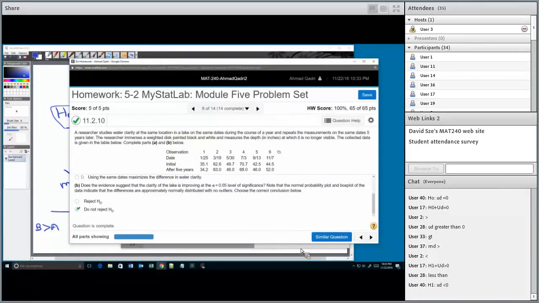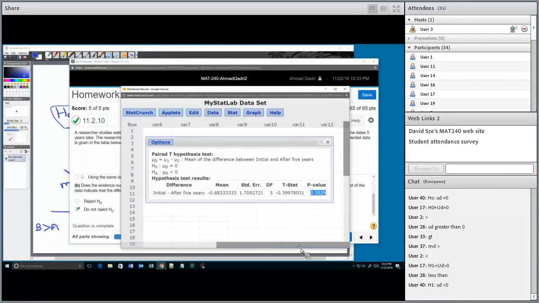So alpha is 0.05, p-value is 0.3529. So what is the conclusion? Aha, looks like Conray is tired.